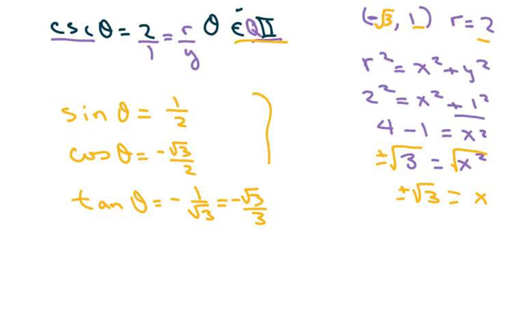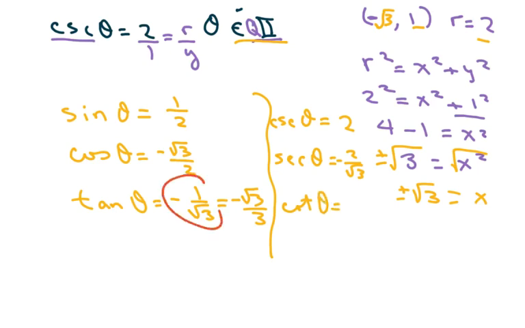And now, you can hear my cats in the background. Cosecant of theta we already know is 2. Secant of theta is negative 2 over square root of 3. And for cotangent of theta, I'm just going to flip this one, which is negative square root of 3.